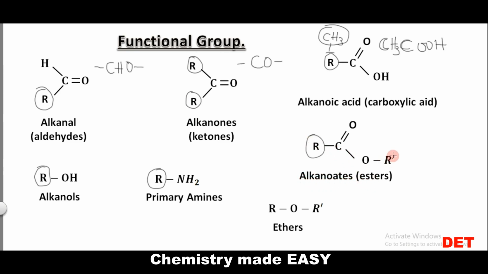So this arrow and the other arrow represent the alkyl group. This is the functional group. Then we have the ethers. This is the functional group. This arrow and the other arrow represent the alkyl group.